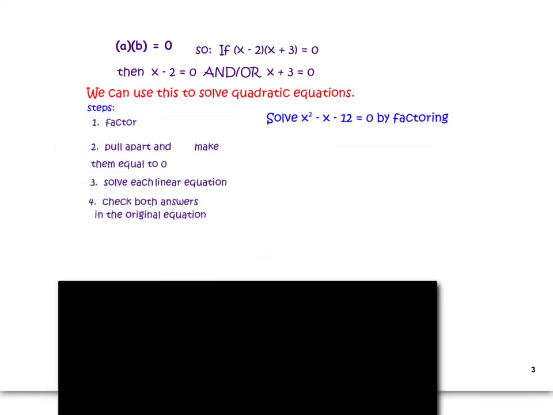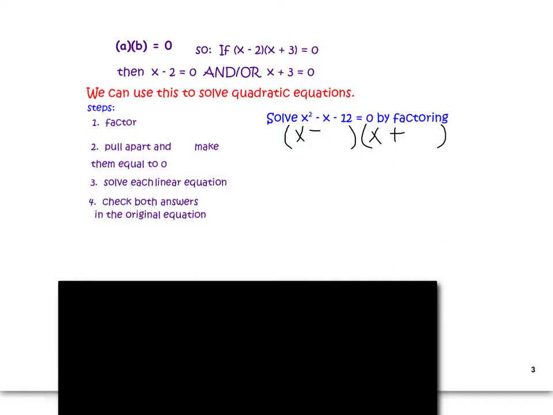So, first step, factor. In order to solve by factoring, obviously you have to factor. So for x squared minus x equals 12, this one right here, our first step is to factor. Since my last number there is negative, I know that I'm going to have one negative and one positive.